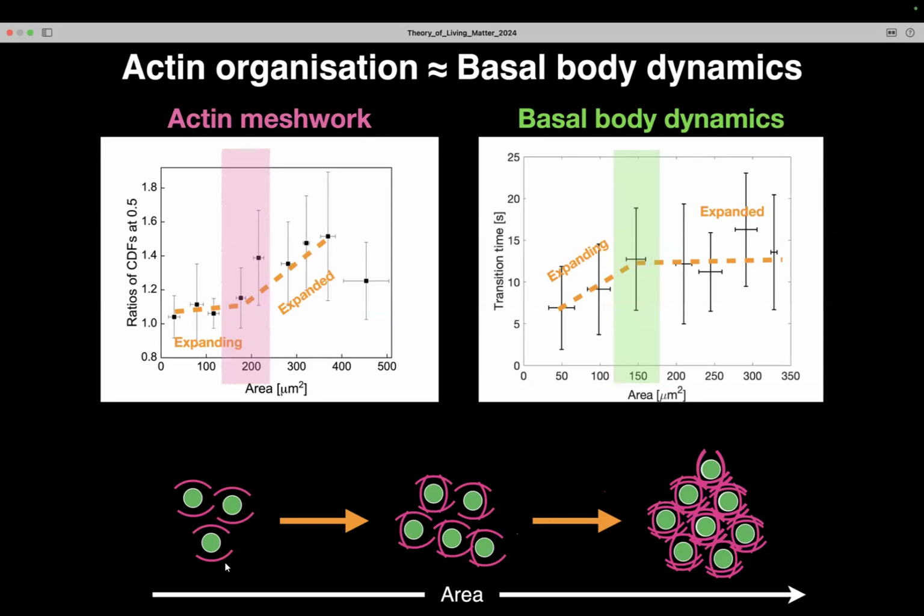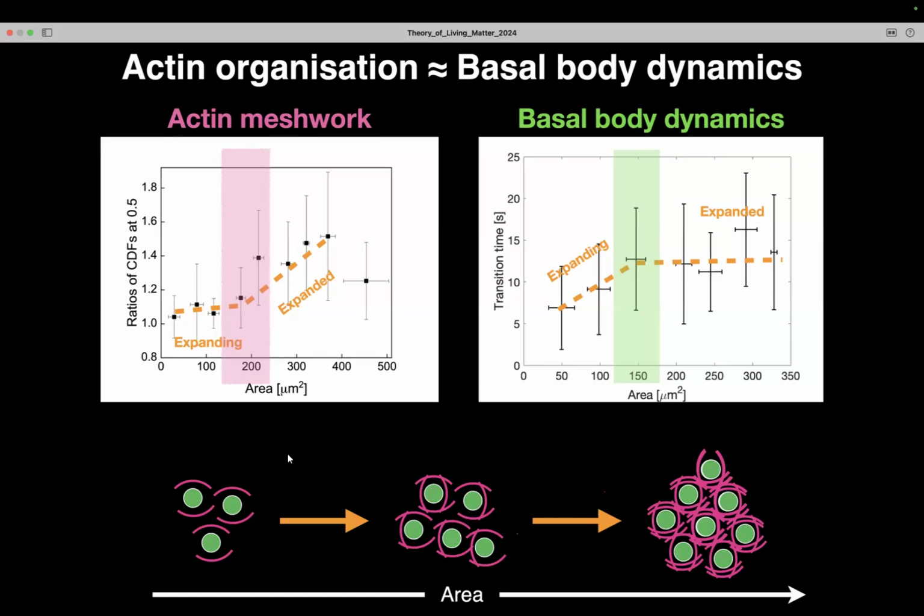Initially, when the apical domain is small, the cross-linking is very short-lived, meaning that it takes a few seconds until this cross-linking turns over and the basal bodies can be free. So they initially get caught by the actin network, and because of the turnover of the actin network, they can then move from the subdiffusive to the diffusive regime.